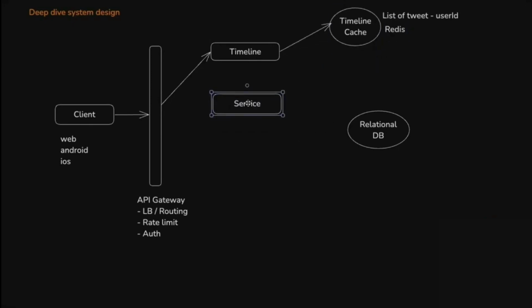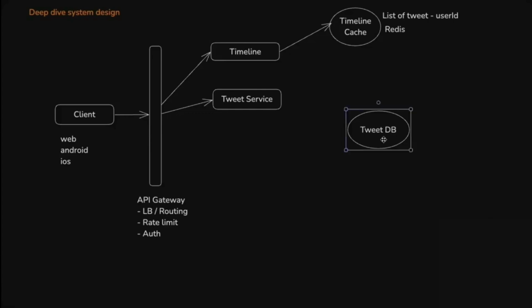Next is the tweet service. Here the user is able to post the tweet, and whenever a tweet is posted, this service is going to save it into the database for a particular user.